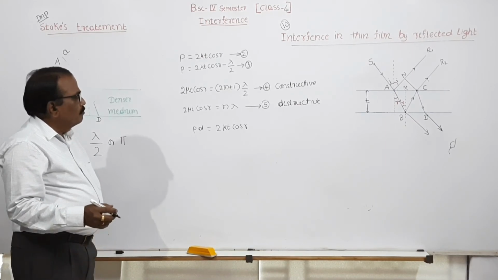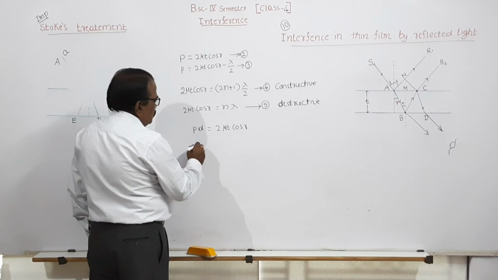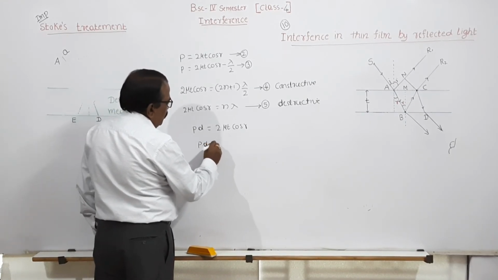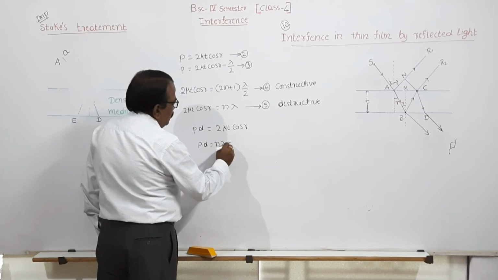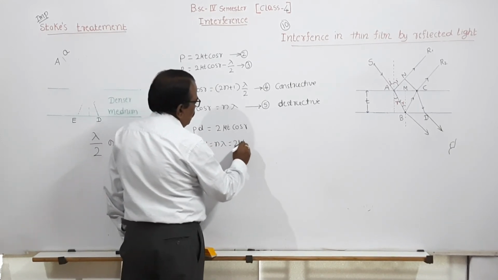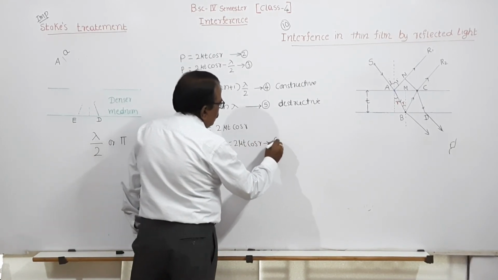Then for constructive interference, this path difference is equal to n lambda, that means 2 mu t cos r is equal to n lambda.